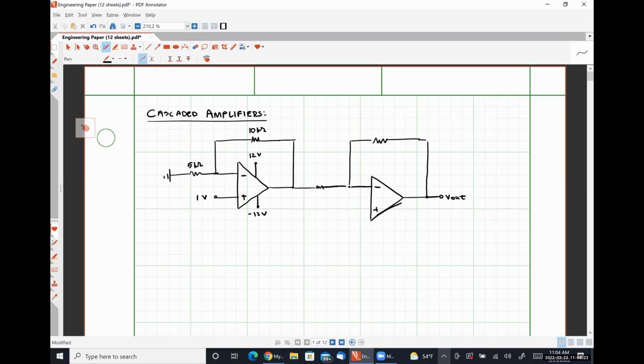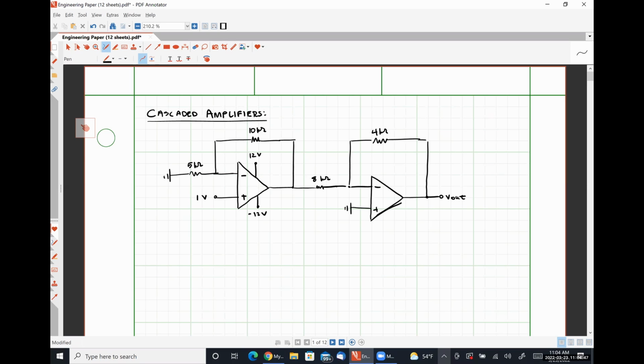Call this the V out for the whole thing. And let's say that this is a 4 kilo ohm resistor and an 8 kilo ohm resistor. And let's ground this terminal here. Okay.